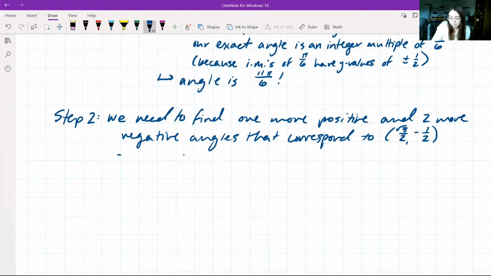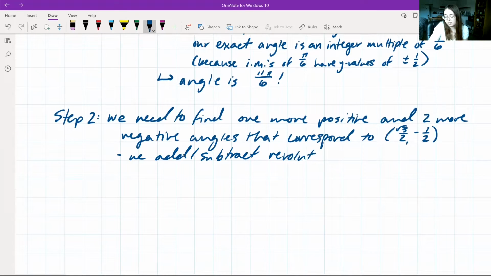So we're going to add or subtract revolutions to 11 pi over 6 to get what we need.